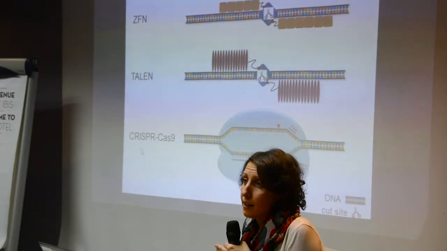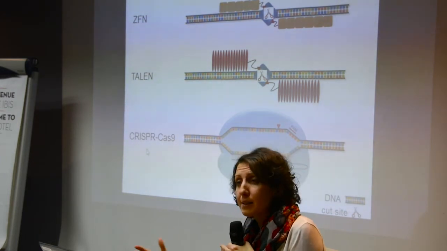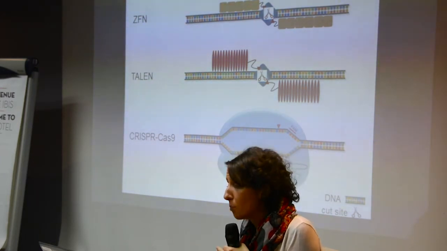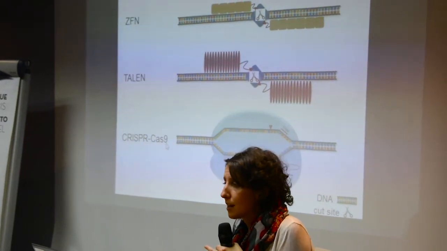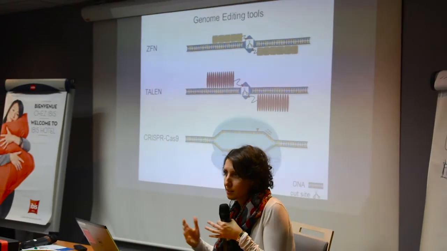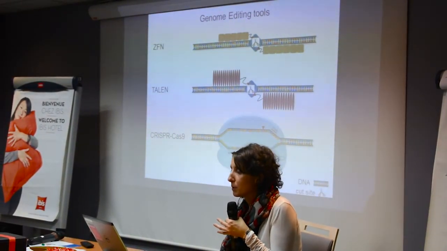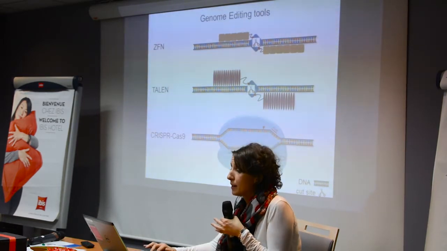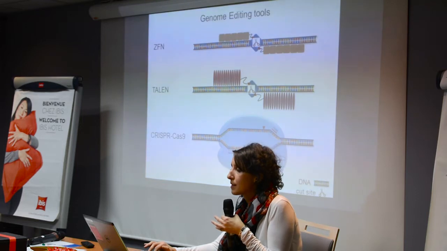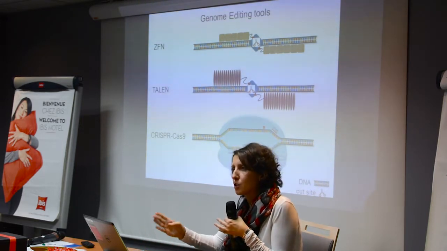And then, lately, the CRISPR-Cas9 system has been developed. The concept is more or less the same, but I have to say that this system has really brought a big revolution in this field, because it's very easy to use and very flexible. It relies on this protein, the Cas9 in light blue, which can cut the genome.